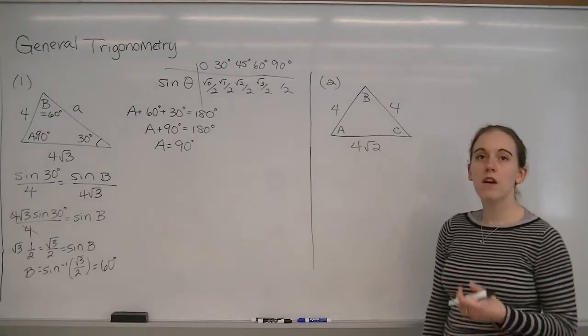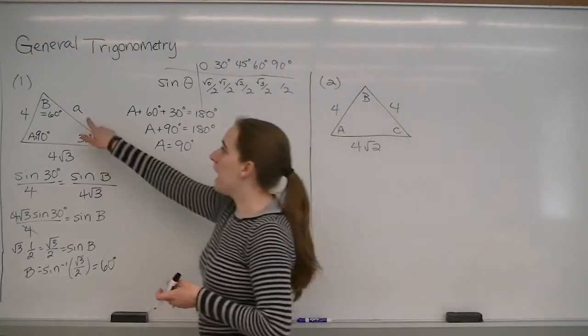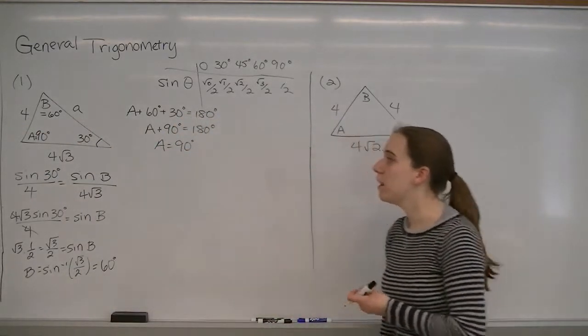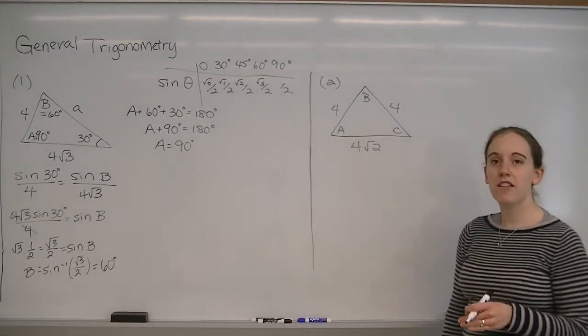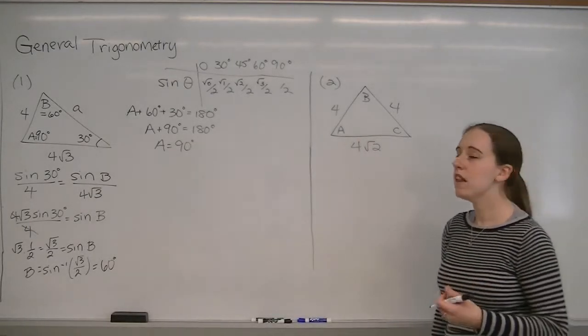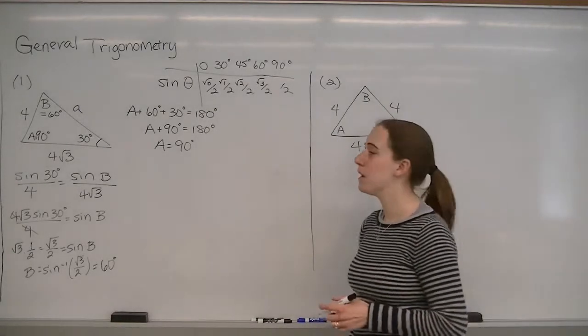So theoretically now we could go through and use the Pythagorean theorem. We know that A would be our hypotenuse and these two would be the legs of our right triangle. But just for the practice of it, and because we wouldn't be able to do that if A hadn't come out to be 90, let's set up the law of cosines to find our last piece.